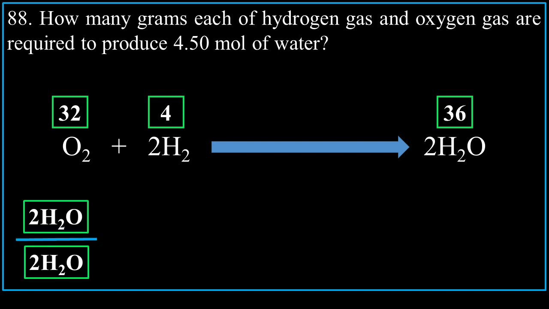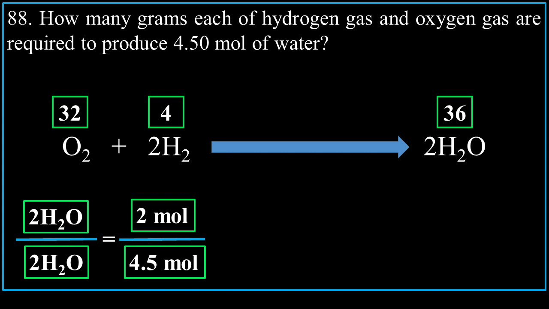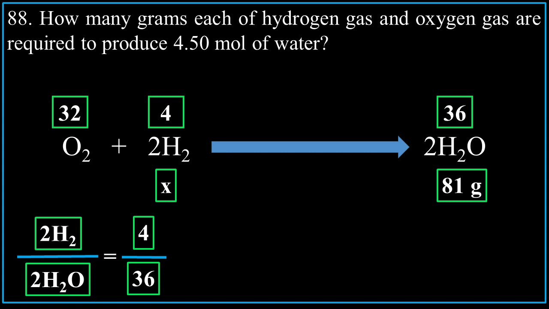So it'll be water is to water. 2 moles of water is to 2 moles of water, as 2 moles of water is to 4.5 moles of water. So that'll be 36 grams is to 2 moles, as how many is to 4.5 moles? So that's going to be 81 grams of water.